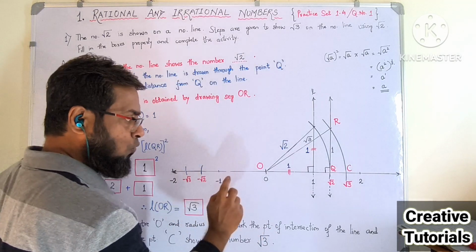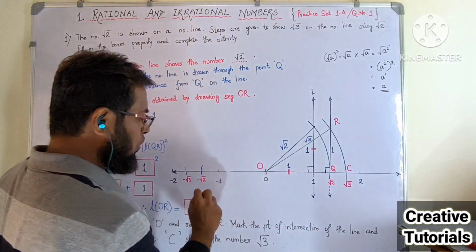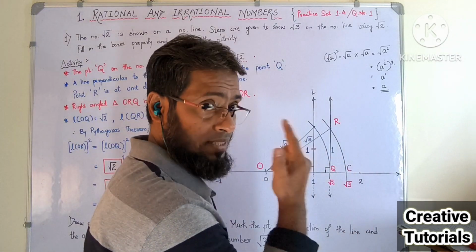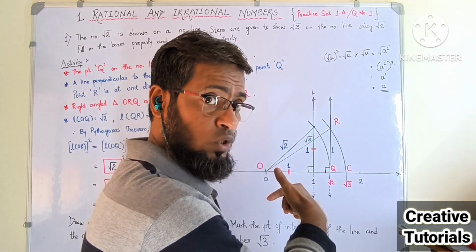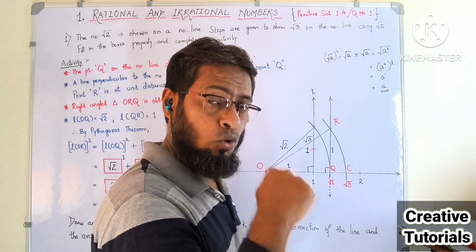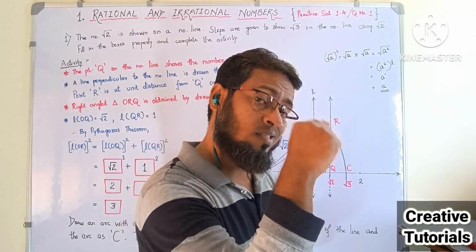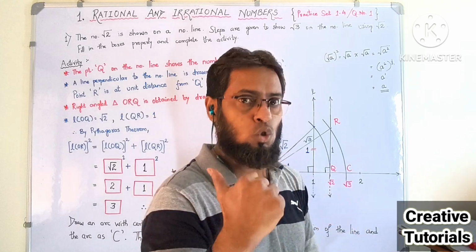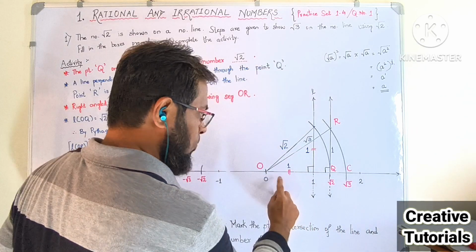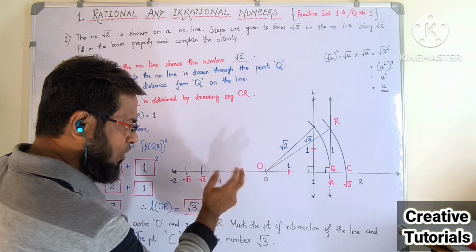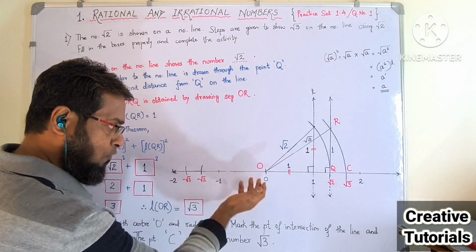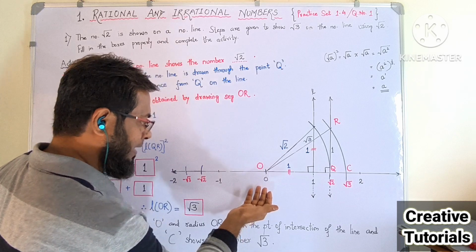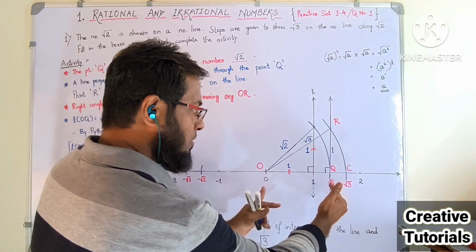I showed you this extra part to make you understand in a much better way, because in the last video when we were trying to plot root 2 on the number line, we had even seen where minus root 2 lies on the number line. Minus root 2 was lying exactly opposite, on the left of 0, at the same distance.